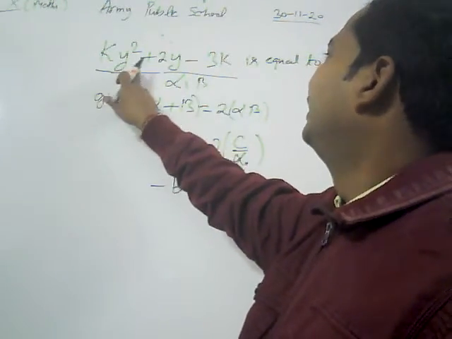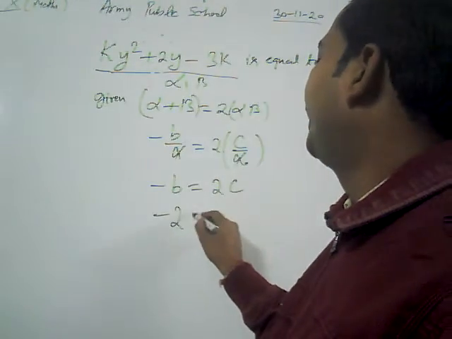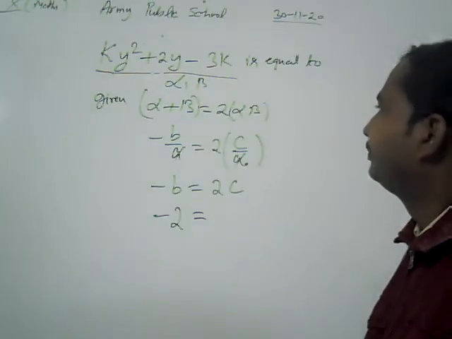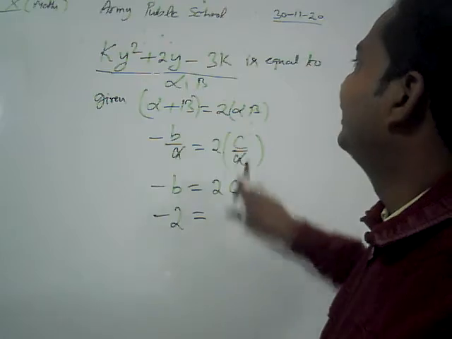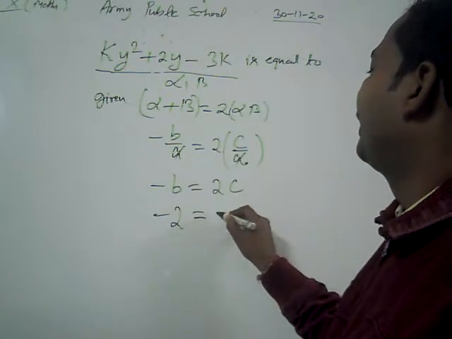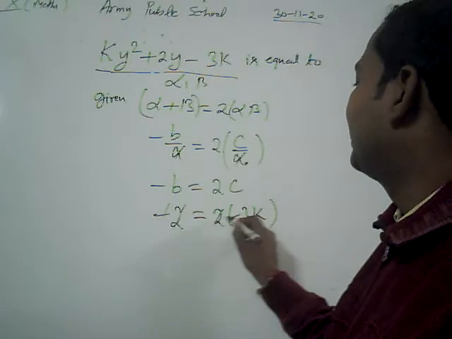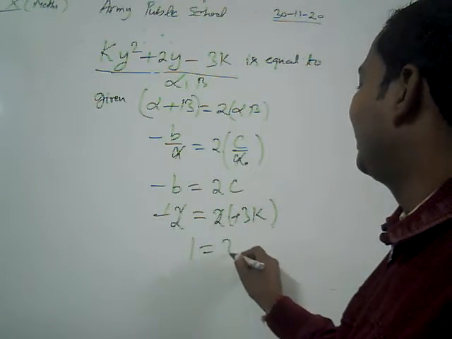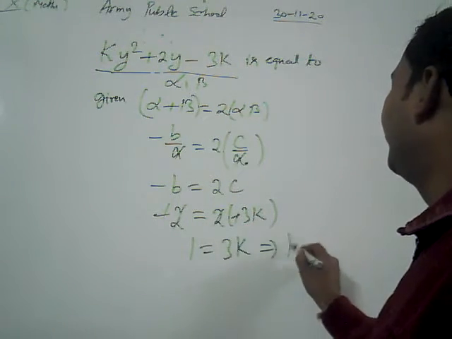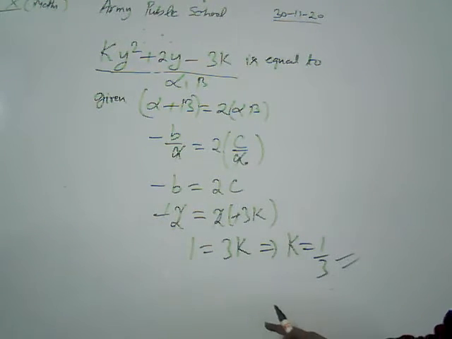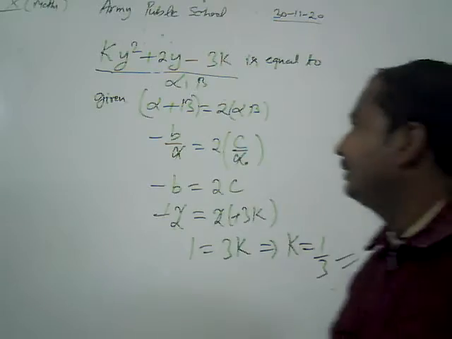We see that the value of b is 2, we put it here, and the value of c is minus 3k, we put here minus 3k. Then 2 and 2 cancel, the minus cancels, then 1 is equal to 3k. From here we get the value of k is 1 by 3.